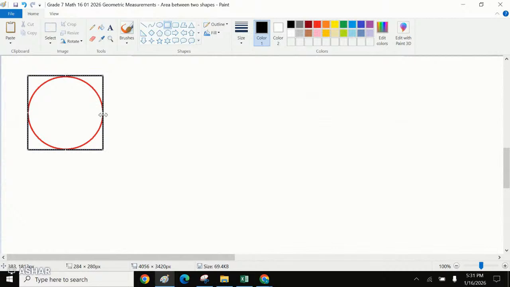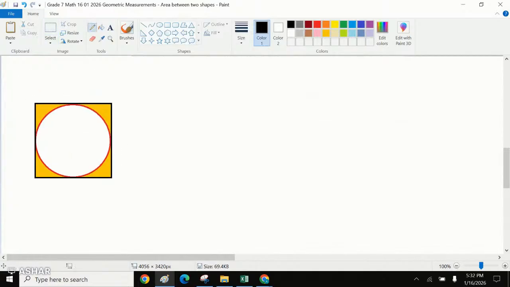So if we say that a circle is inside a square, in question number 10 they're telling us to find the shaded area.